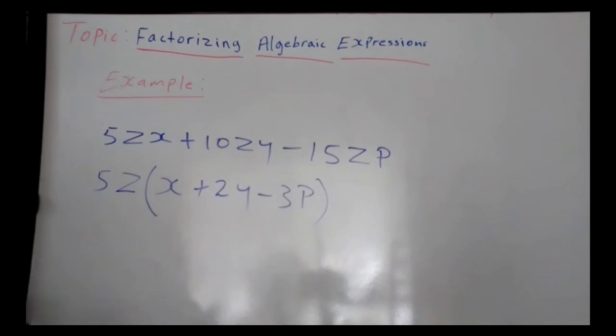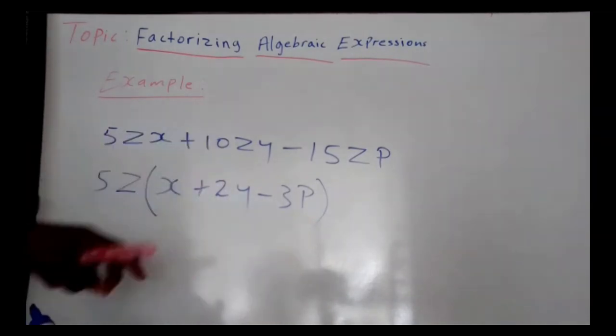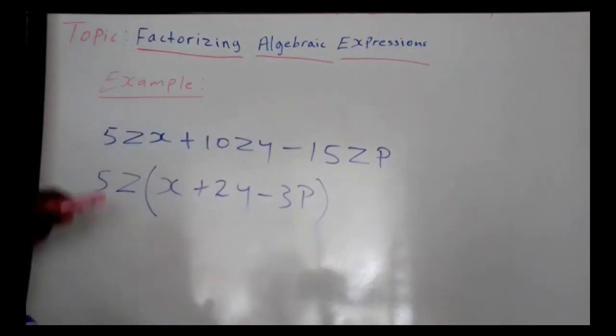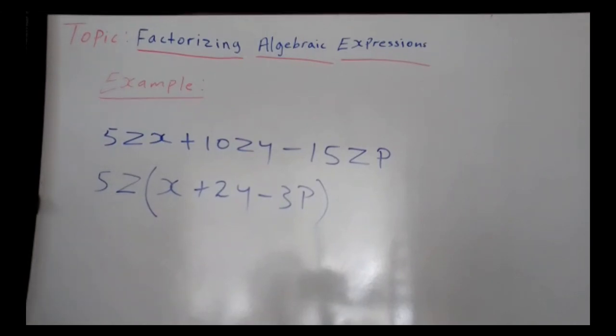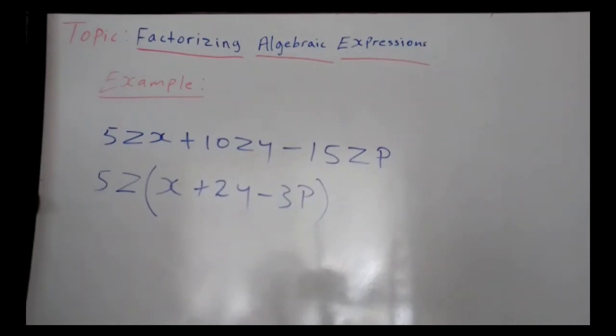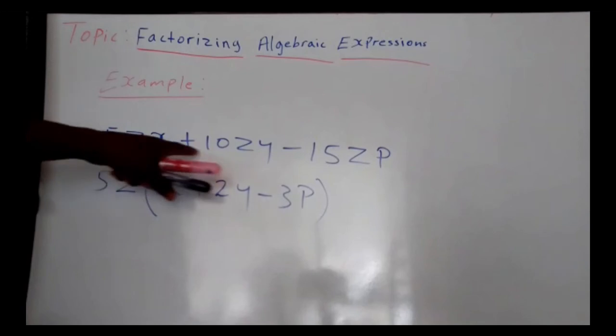If we multiply 5z by all the items in this bracket, we should get back what we started out with. Makes sense? We should get back this.